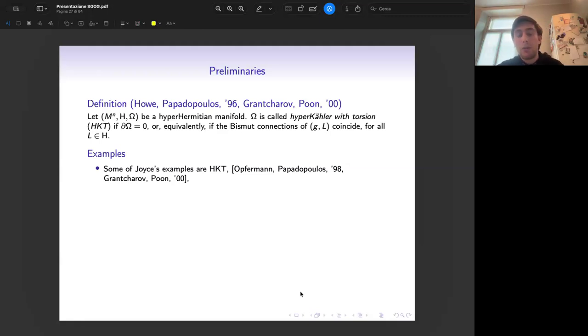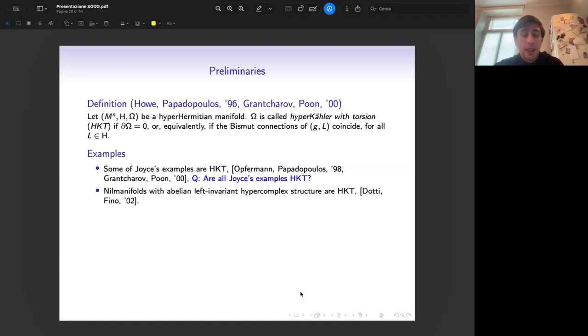Indeed, for an HKT metric to exist, some algebraic condition has to be satisfied. And so a first question that I will answer in the last part of the talk is: are all the Joyce examples HKT?